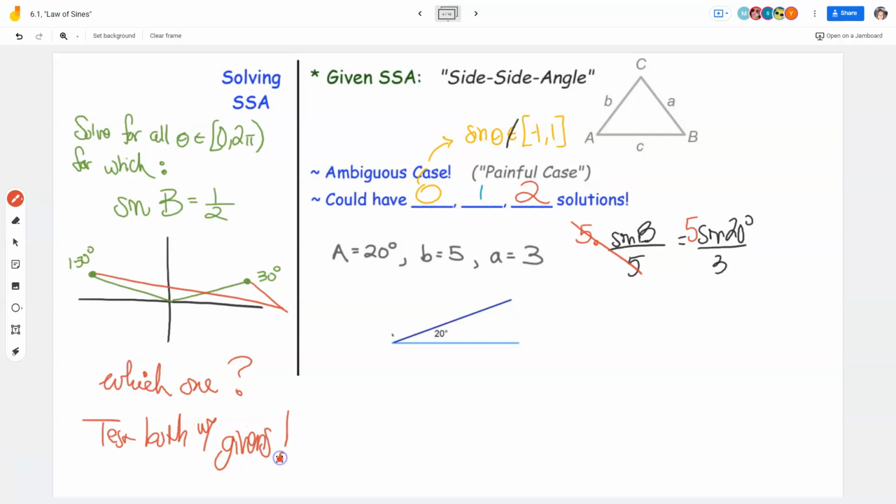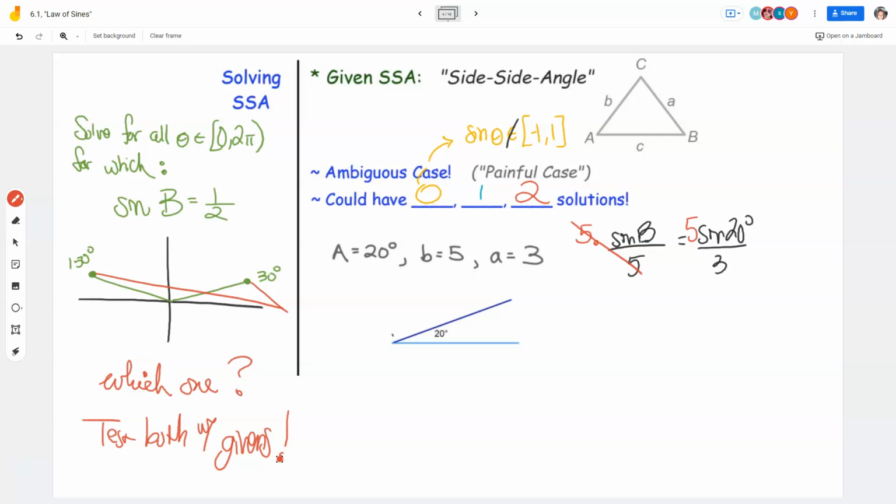Which one? We don't know until we verify. They might both be possible. One might only be possible. And if you're getting answers, it's not 0. 0 would be you're not getting any answers at all.